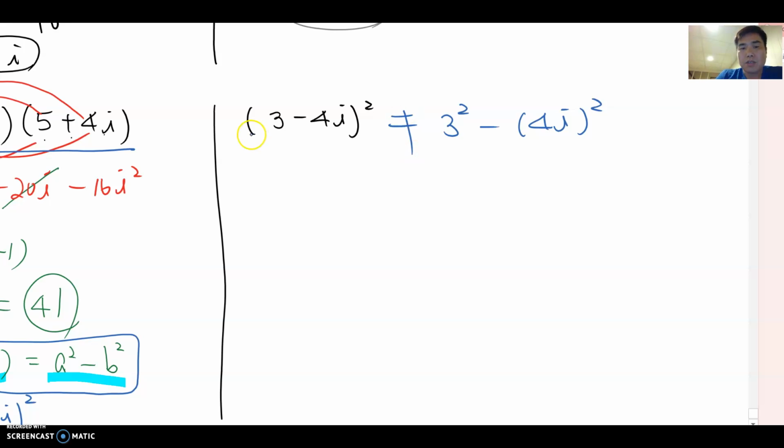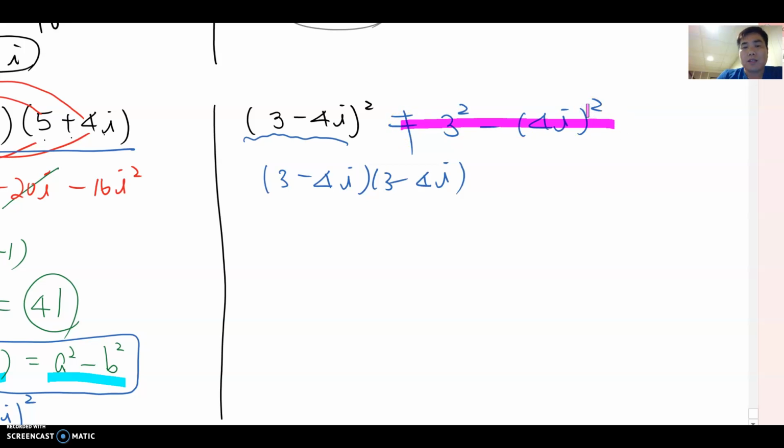The reason is 3 minus 4i squared means you have to multiply the same factor twice. So you should never think this is correct. We must write this binomial twice and then fold them out.